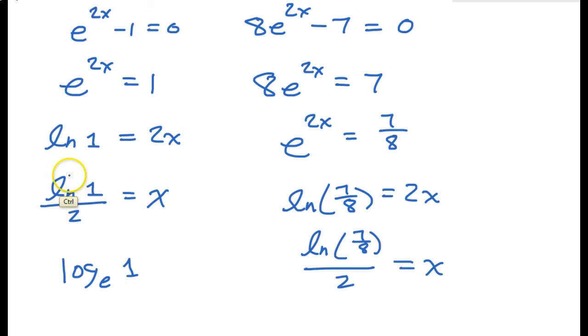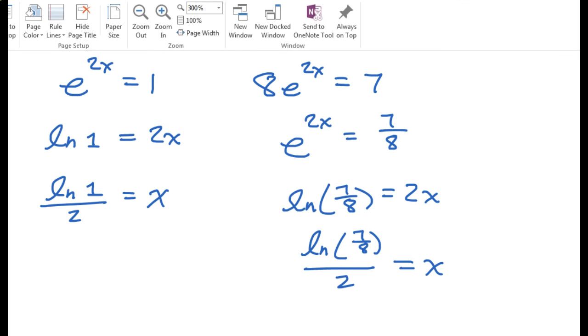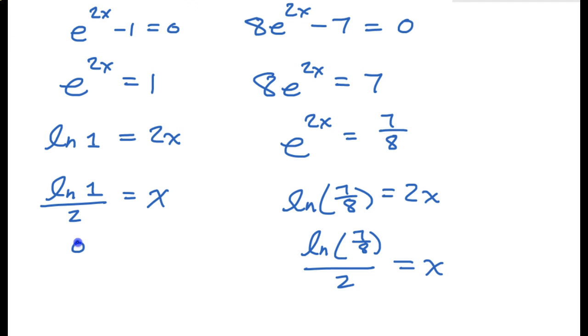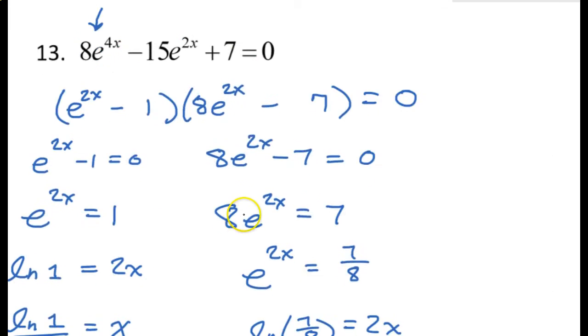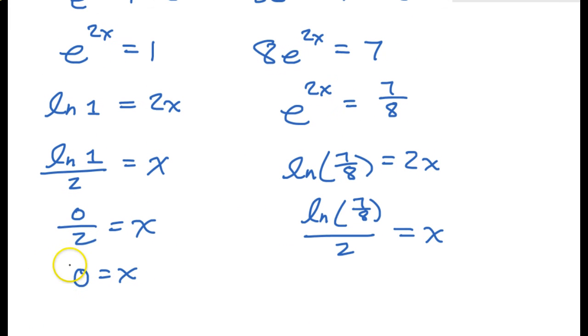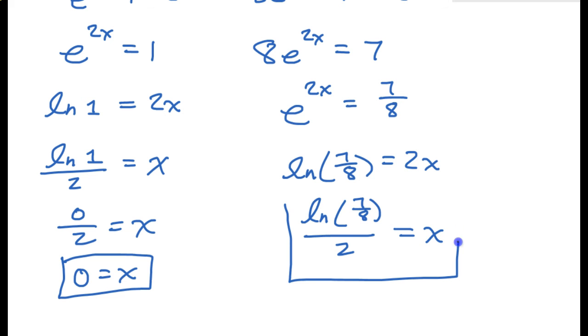So this numerator is 0, which means that the entire fraction is 0. So this is really 0 over 2 equals x. So that means 0 is equal to x. So we have x equals 0 is one solution. And x equals natural log 7/8 divided by 2 is the other solution.